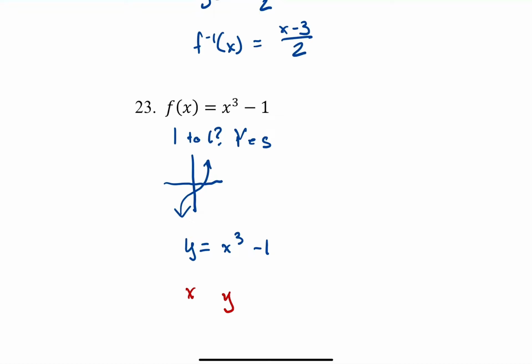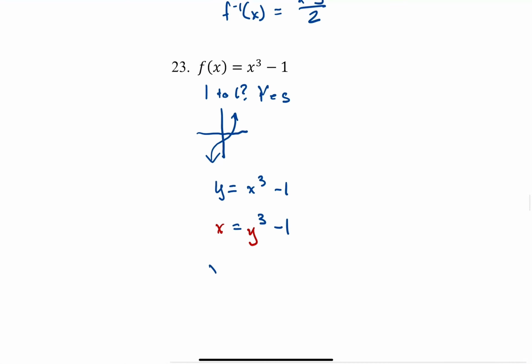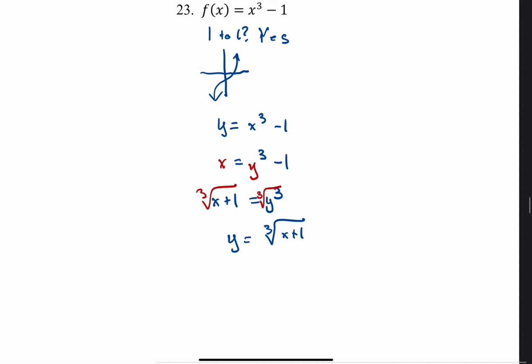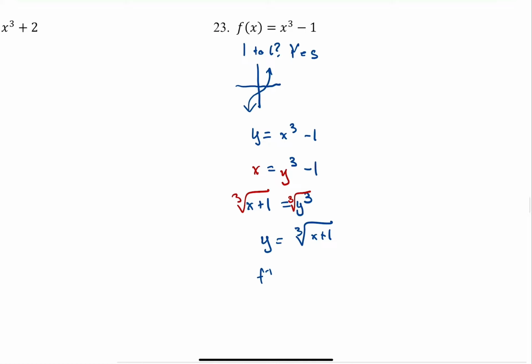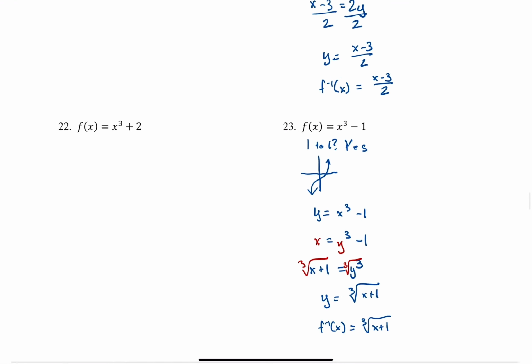Swap x and y, and you get x is equal to y cubed minus 1. Solve for y: you first add 1, so you get x plus 1 is equal to y cubed. And then you take the cube root of both sides. The cube root undoes the cube. You get y is equal to the cube root of x plus 1. This is the actual inverse, so notationally we could say f inverse of x is equal to the cube root of x plus 1, and we have found the inverse.